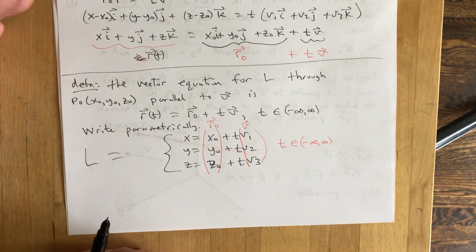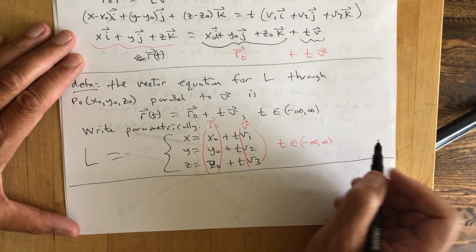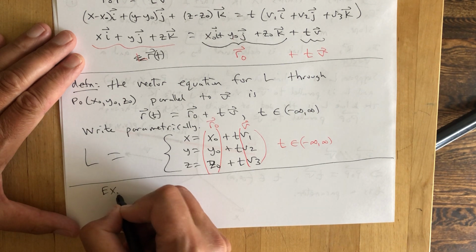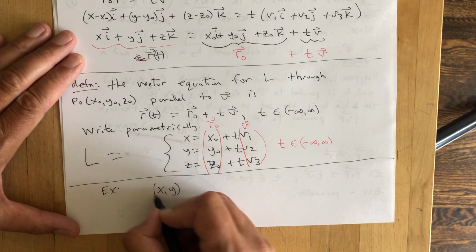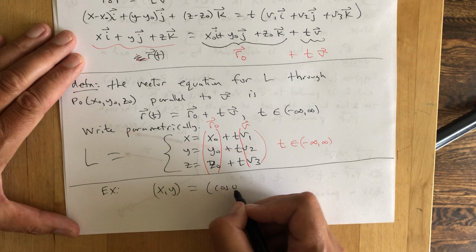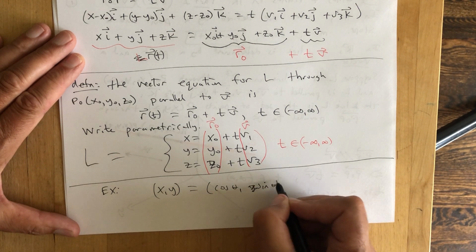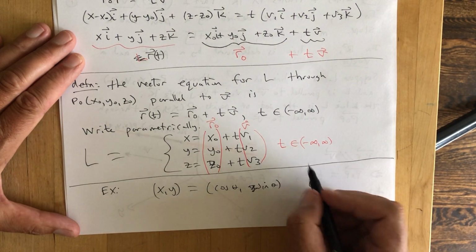And parametric equations are complicated. Some high schools teach them. For example, a classic one is if you let the points x, y be the ordered pair cosine theta, sine theta, right? So now theta is your parameter.